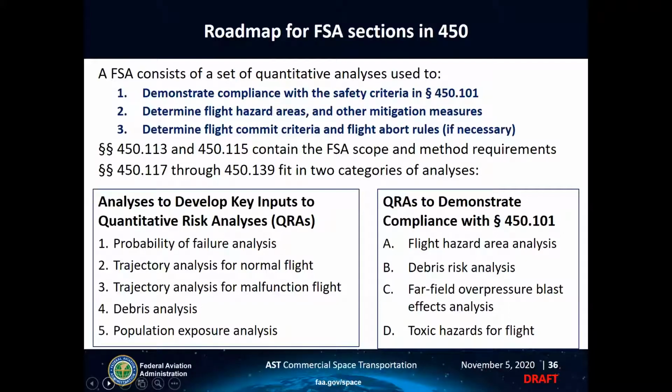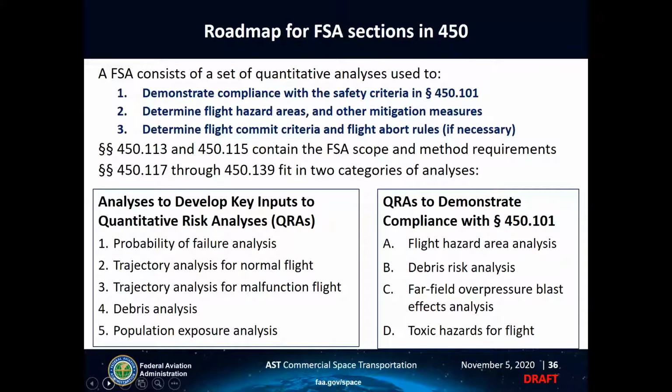Analyses that are used to develop key inputs to the quantitative risk analyses, such as the probability of failure analysis, trajectory analysis for normal flight, trajectory analysis for malfunction flight, and the debris analysis where we characterize the debris that would be resulting, for example, from an on-trajectory explosion, but also any nominally generated debris.